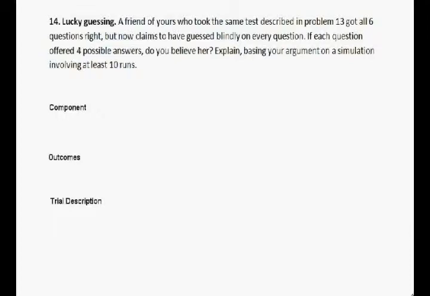So let's think about this just a little bit. If there's 4 possible answers, the probability of success is 0.25, or 1 out of 4. The probability of failure is 3 out of 4, or 0.75. The number of trials we want to run is 6.